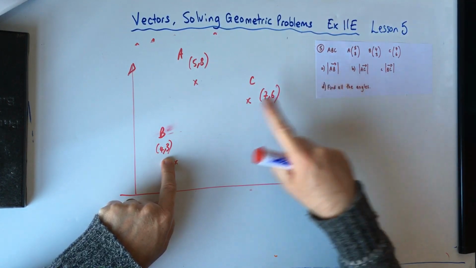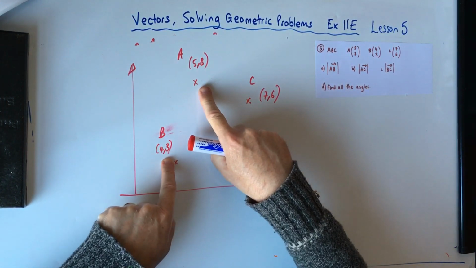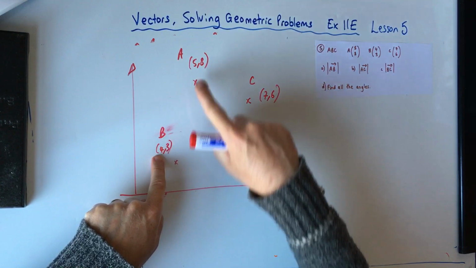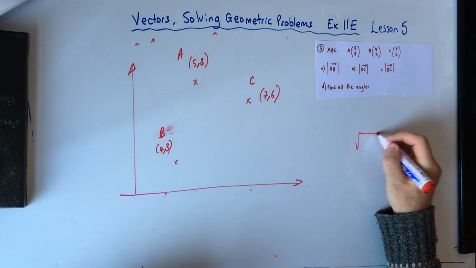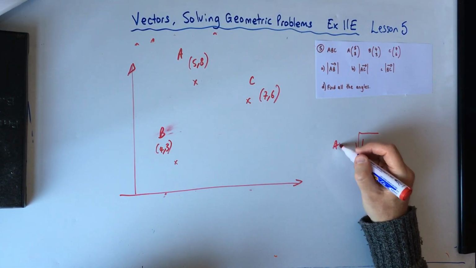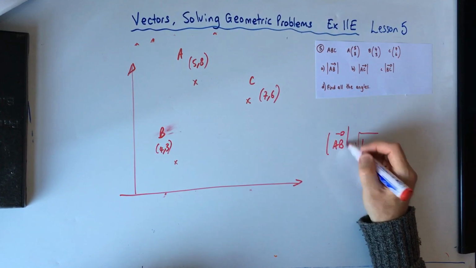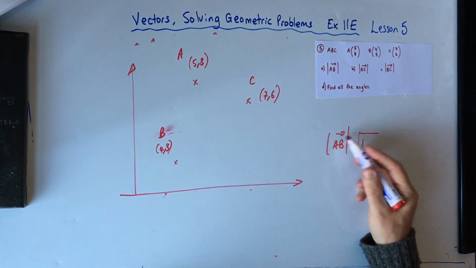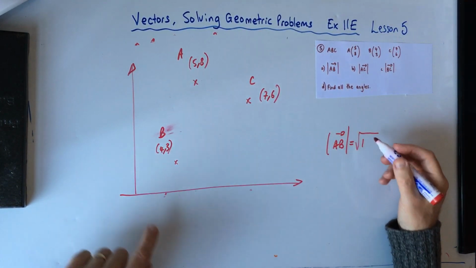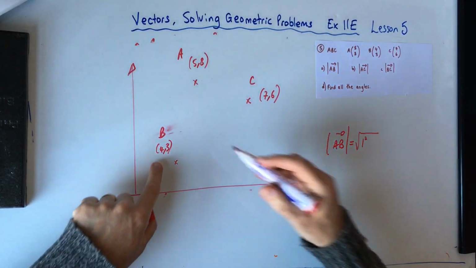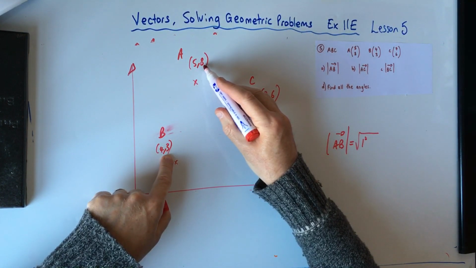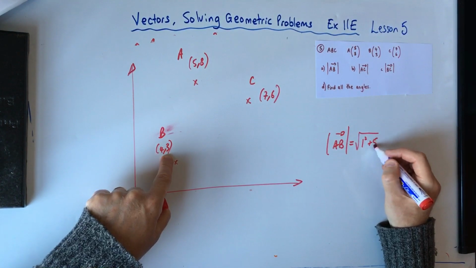So A to B, once you've got your diagram, you can see it's just 4 to 5, so it's the square root of, so A to B, the modulus of, okay, so that's the magnitude of, is 1 squared, and 3 to 8 is 5, plus 5 squared.